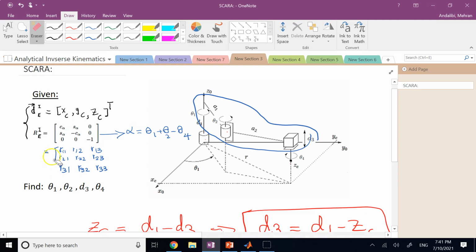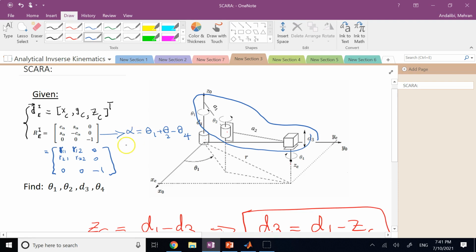So if you want, we can also write it this way. So in general, it is something like this. There are 4 numbers, 4 entries here at the location of the R's. Good.